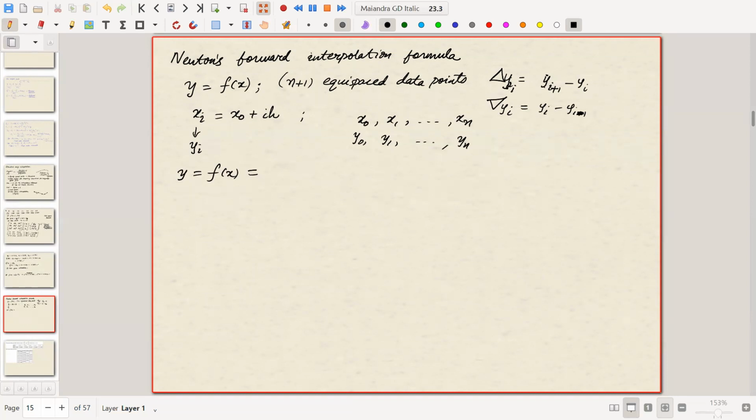So this is the formula for the forward and backward operator, the delta and nabla.